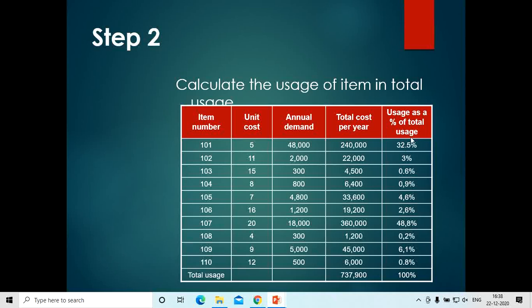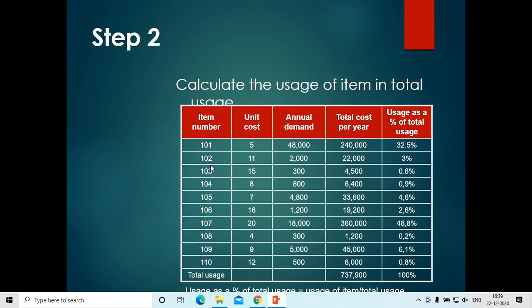Let us go by the formula. For item 101, the total cost divided by the total usage of all items, that is 2,40,000 upon 7,37,900, which is 32.5%. In this way I got the percentage usage of item 101.